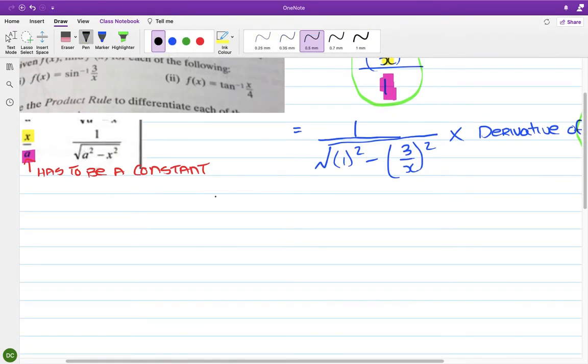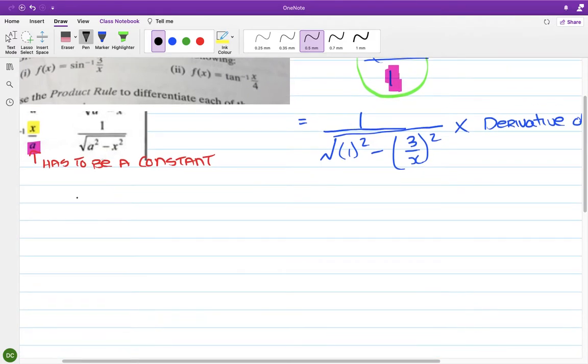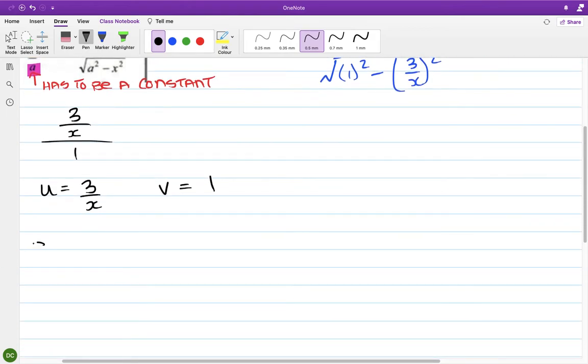I'll just change colour so we don't get confused. So I have 3 over x over 1. So u is going to be 3 over x, and v is going to be 1. So du dx, you're going to have to do a quotient here. So you have kind of a sum within a sum here, I suppose. So I'll just try and do it this way.